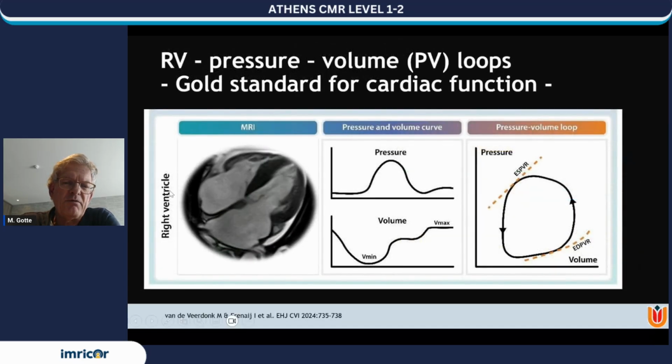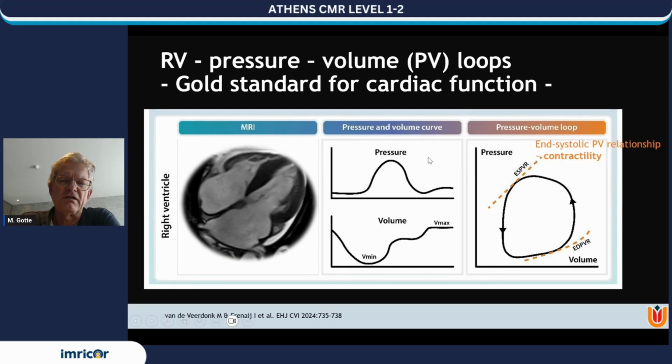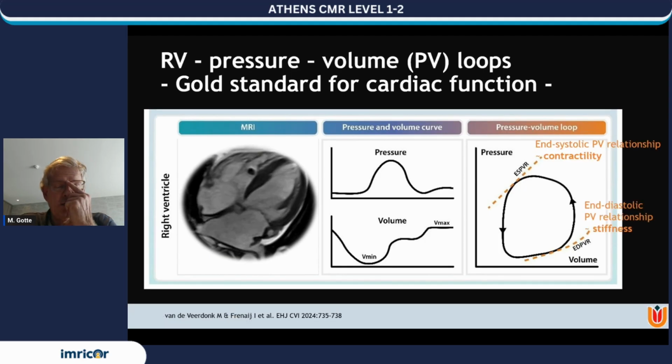The reason why we want to do this is that, based on the change in volume provided by MR and the pressures measured by the right heart cath, we intend to create pressure volume curves from the different compartments: the right atrium, the right ventricle, the pulmonary artery, and wedge position, so a surrogate for the left atrial pressures.